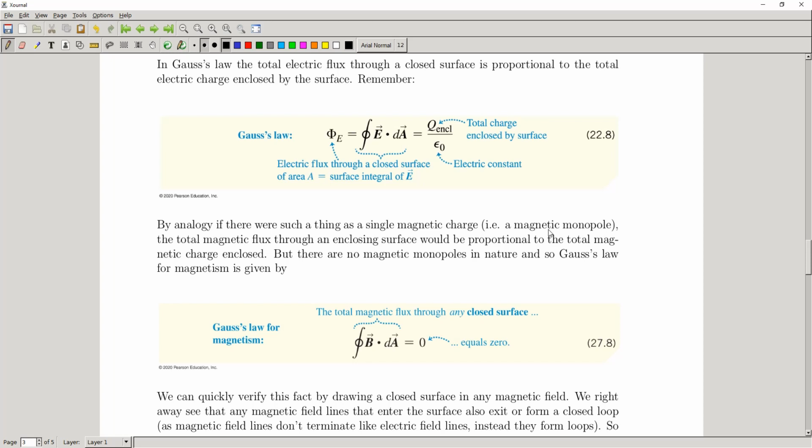You're always going to enclose either a region where all of your magnetic field lines enter and then exit your closed surface, or a region where all of your magnetic field lines form loops, and so you're not enclosing any sort of magnetic monopoles, any individual single magnetic charges, right?